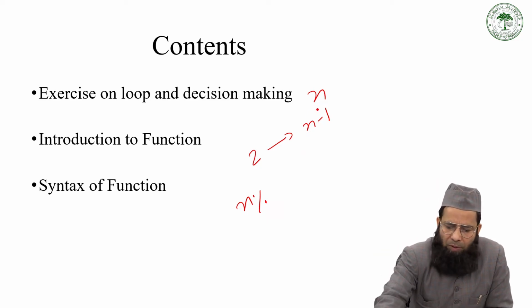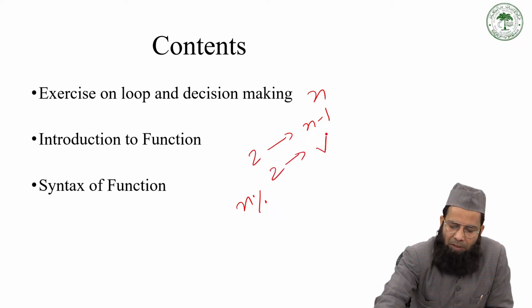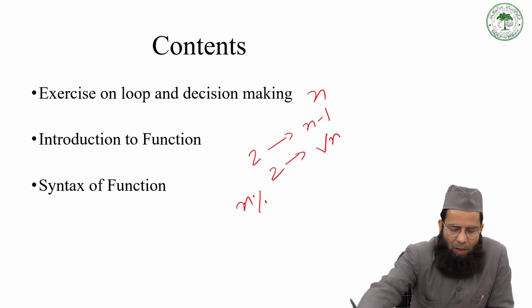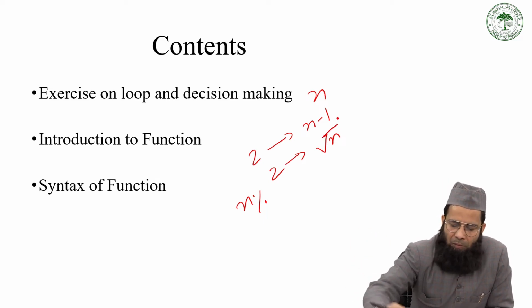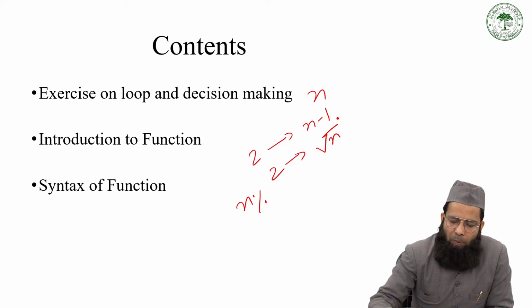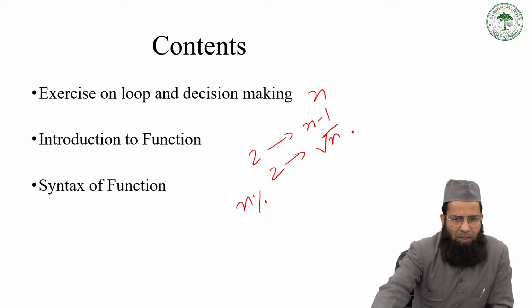And instead of n minus 1, we can also consider 2 to square root of n and so on. So you can run your loop from 2 to n minus 1 or 2 to square root of n. The result would remain the same.